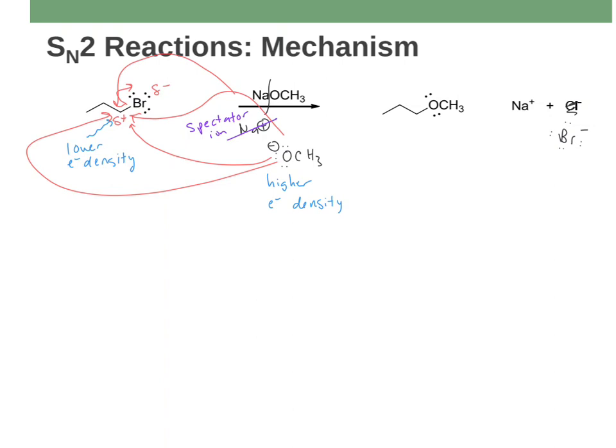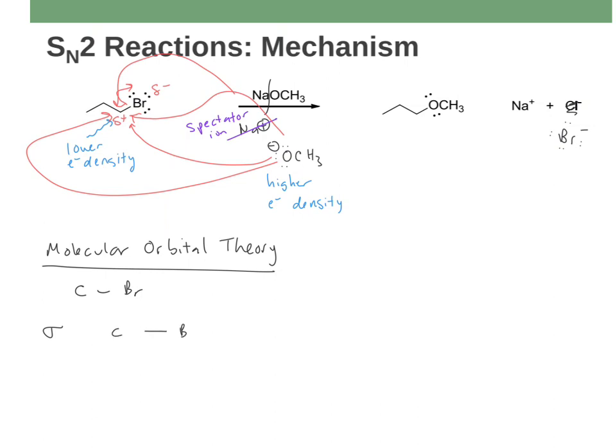And I'm not too sure how much you all remember of your molecular orbital diagram stuff, but you may remember, if you look at the MO theory, molecular orbital theory, that if I look at this C-Br bond, its sigma molecular orbital between the carbon and the bromine is going to look something like this, where you had two orbitals with lobes that overlapped so that they make some sort of great overlapping spot.